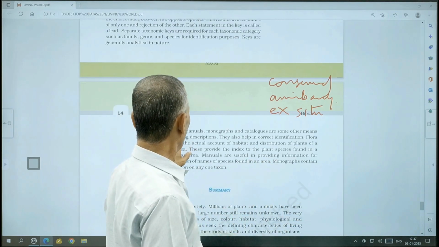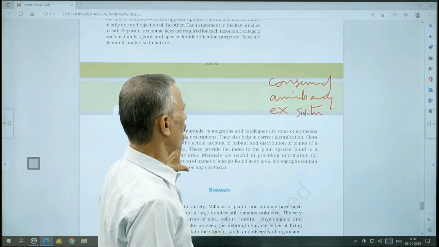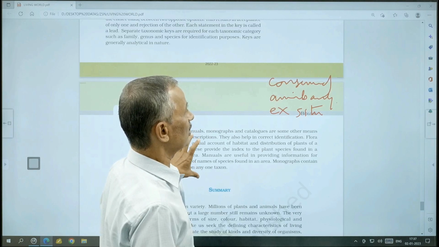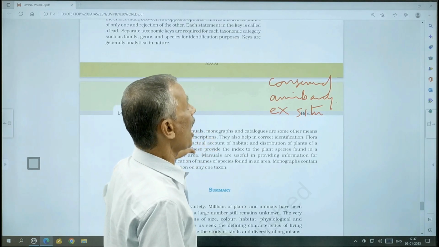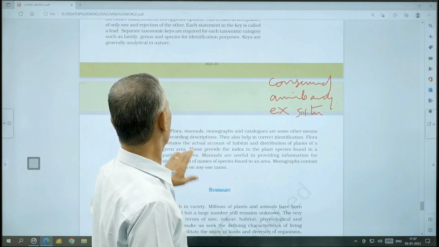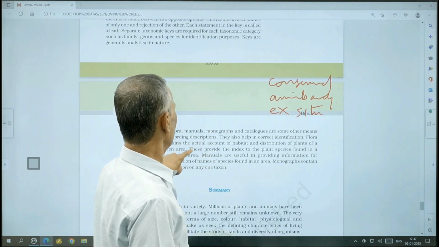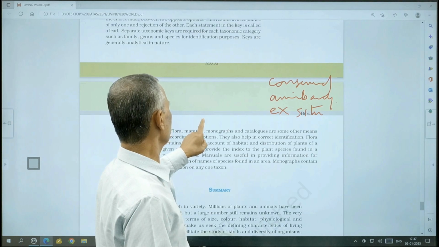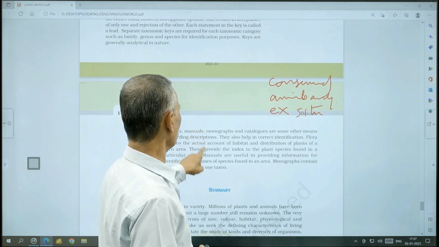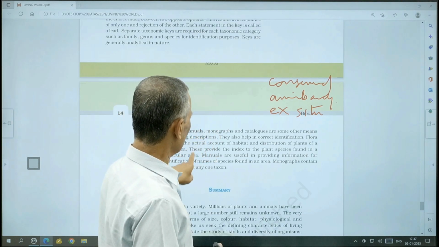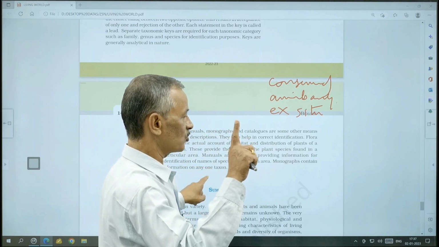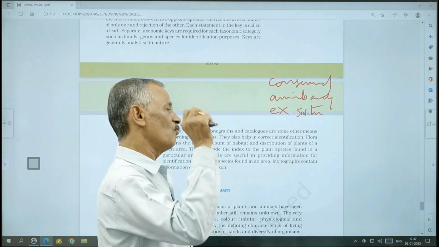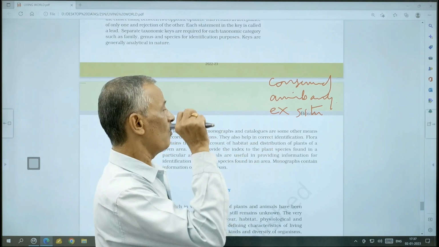So, flora, and again fauna. What is fauna? A book that contains information regarding animals in an area. Flora is for plants, fauna is for animals. Okay, manuals for identification of names of species, monographs that contain information on any one taxon, meaning either one family or one order or one genus.